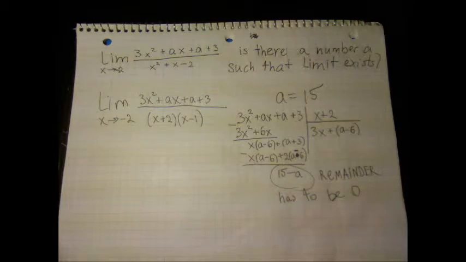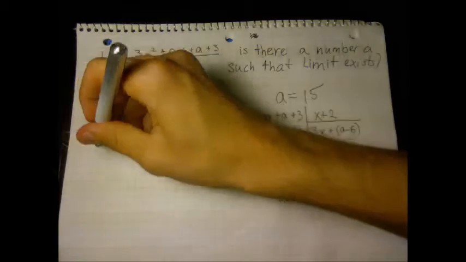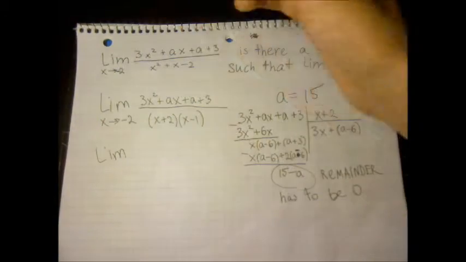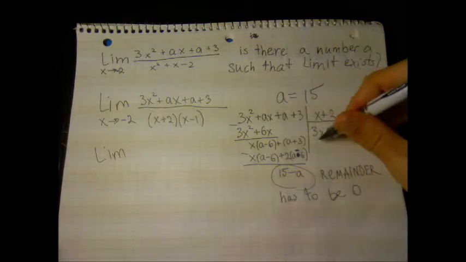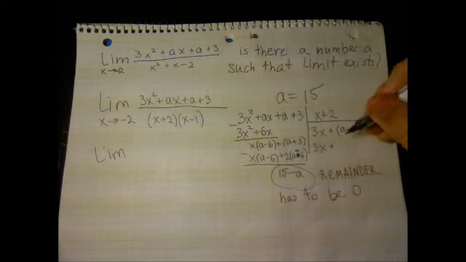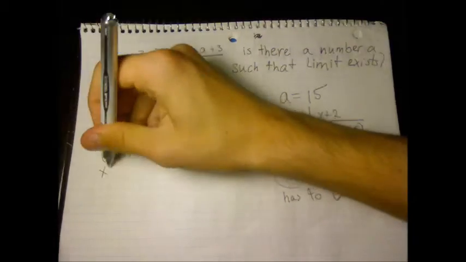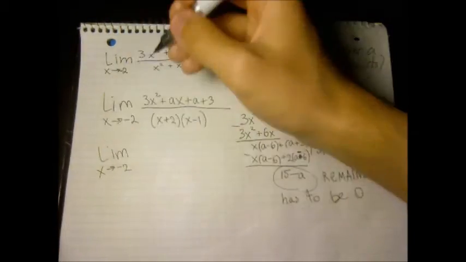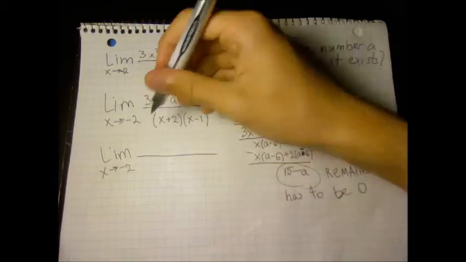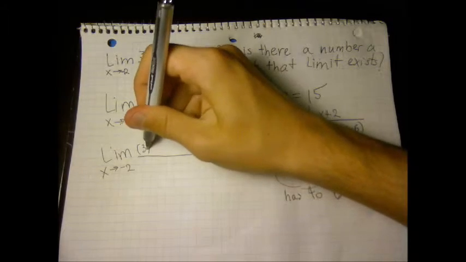Yes, correct. So then, if you are really interested in finding the limit, you can just use very, very simple substitution. You know that the other term of the factored numerator will be 3x plus 9.